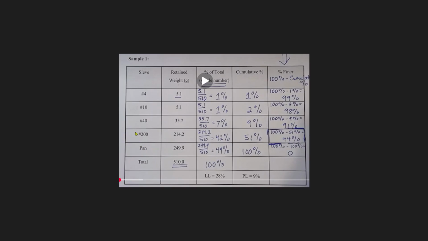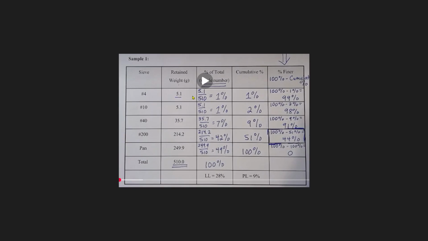Also, keep in mind that we're looking for the retained weight. We're looking for the percent of the total weight, the percent of 510 grams. So let's look at 5.1 grams retained.